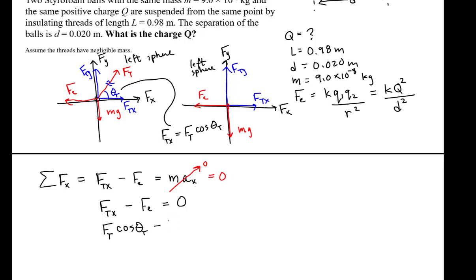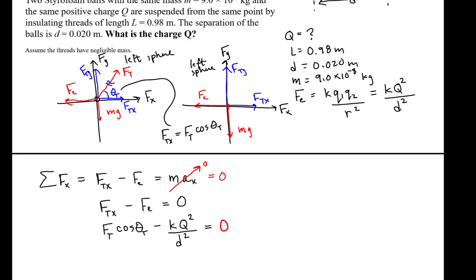Well, remember the Coulomb force is k, the Coulomb constant, times the charges squared, divided by the distance squared between them. And that is equal to 0. So let's see what we have here. Here we have a relationship between the charges and the tension force.